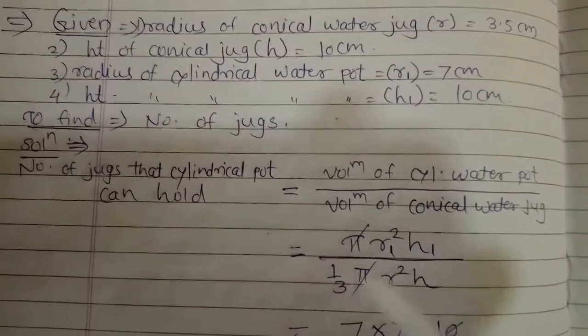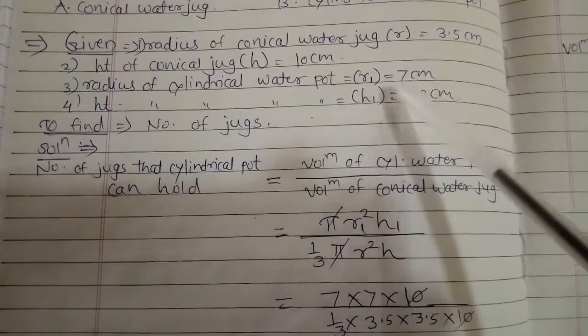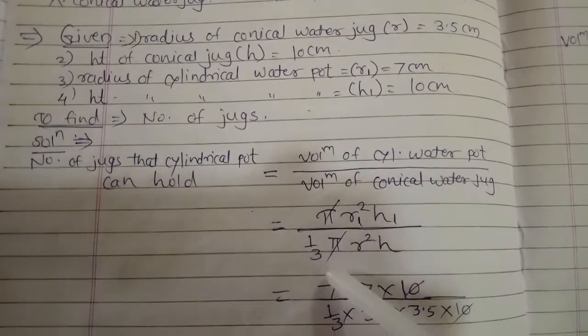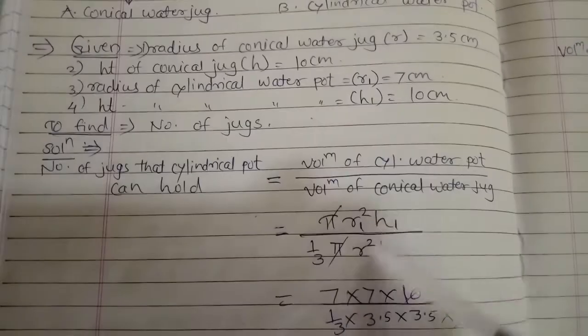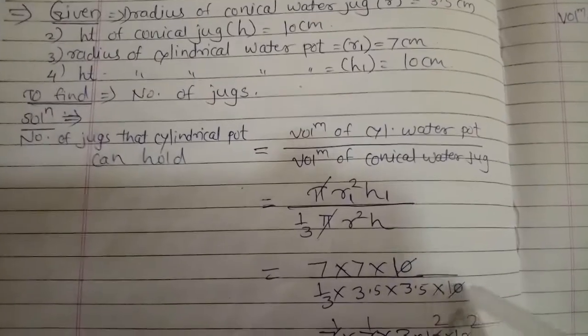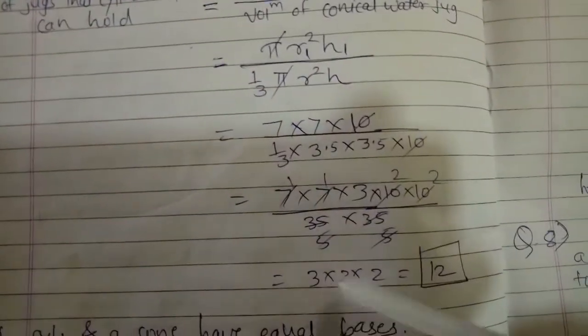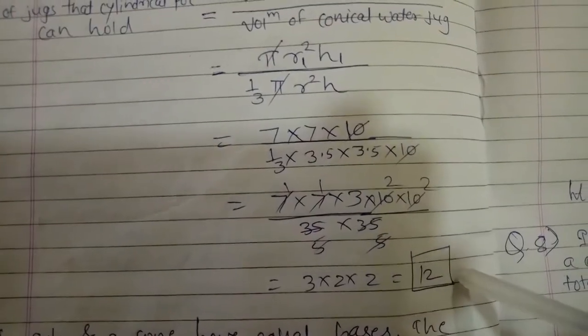The pi will get cancelled, and we just put down the values. r1 is 7 into 7, h1 is 10, next 1 by 3 as it is, and r is 3.5, so 3.5 into 3.5, into 10. The 10 will get cancelled, and by solving this we get 3 into 2 into 2, so the answer is 12.